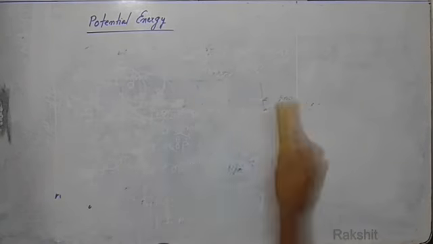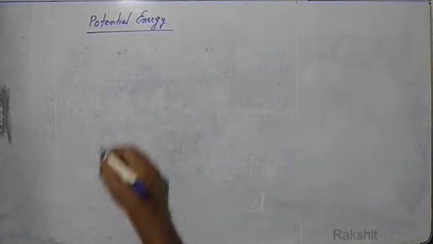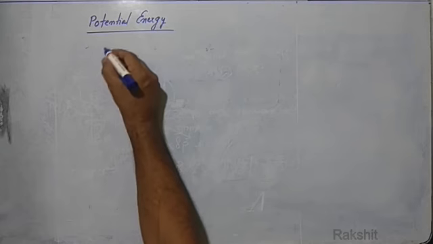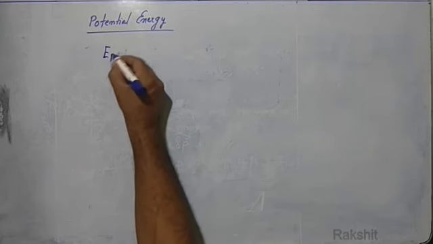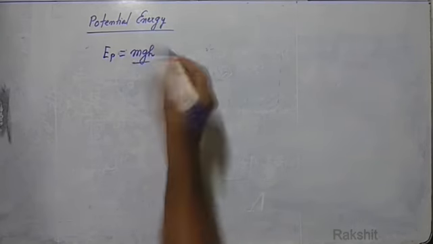So we have discussed previously the kinetic energy, and here we have discussed potential energy. EP is equal to mgh.